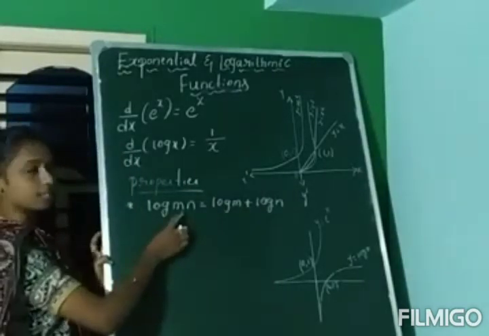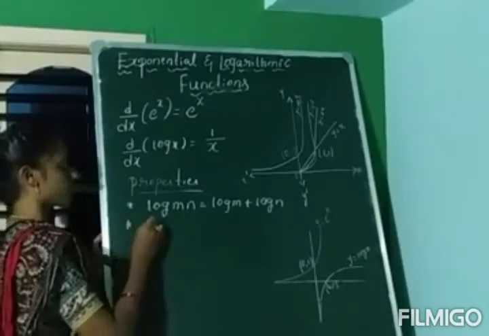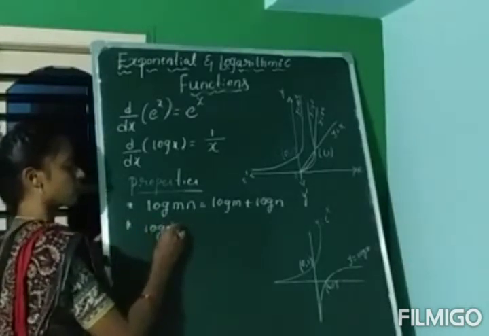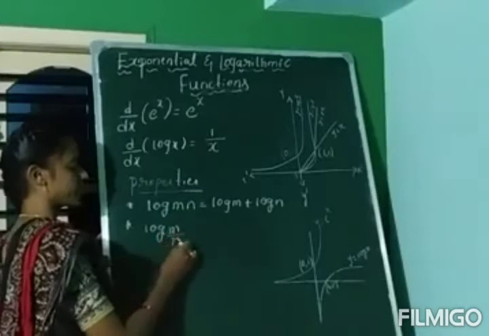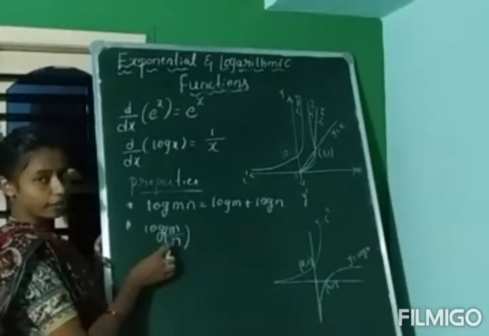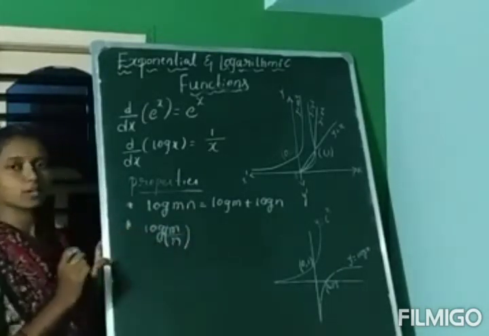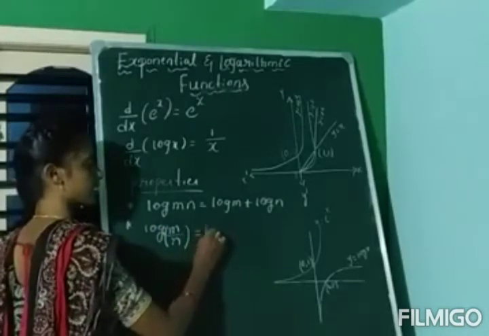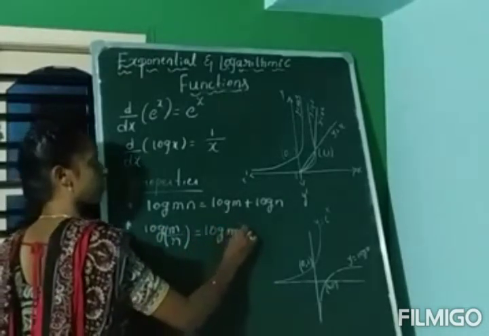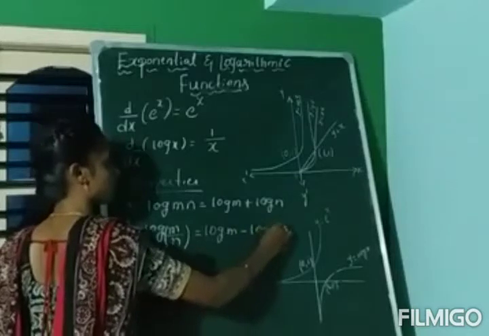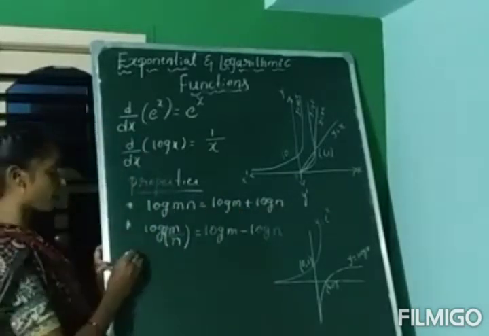This is one property. Next one is log of m divided by n. It is the log of 2 functions, where these 2 are like a quotient. We can write this as log m minus log n. This is the second property.